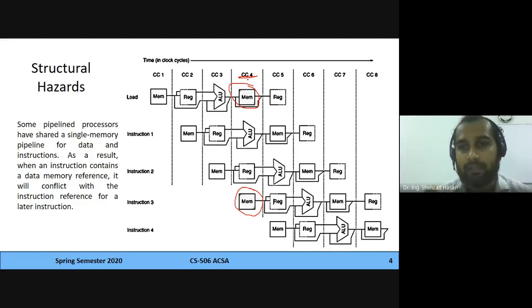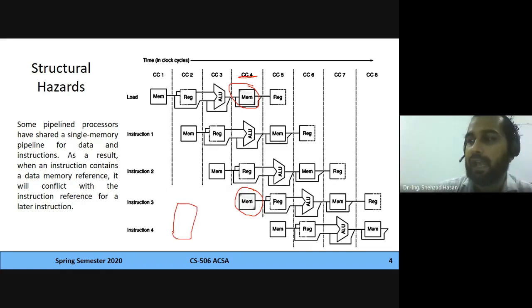Now, in the same cycle, memory is used twice. If you have a memory which allows you to give an address for a particular location and it's going to return back some data, then you cannot use that memory for two different operations in the same cycle.